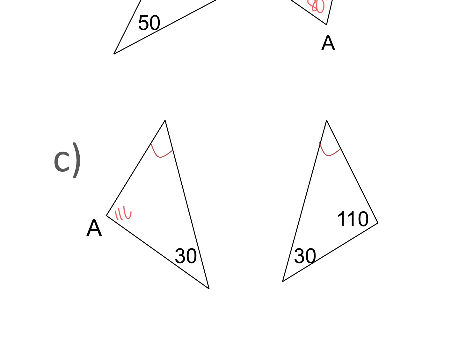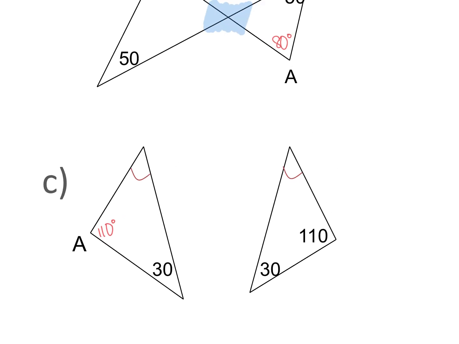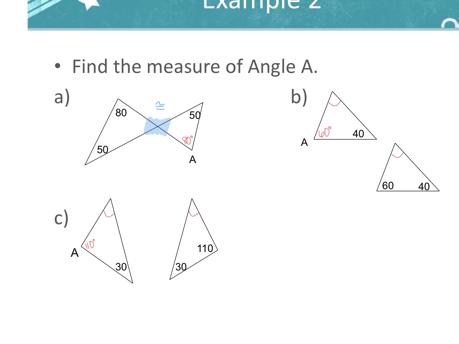Good, 110. These are definitely on the easier side. Or you could have done the work. Doing the work, if you add these two, figure out that this was 50, this was 50. 50 plus 50 is 100, and you get 80 left over. Same thing with these, but we should know what's congruent.